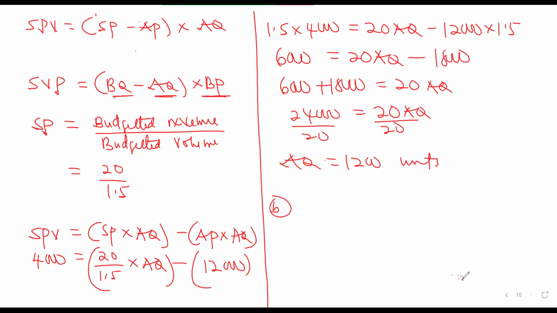We can use it under material price variance, where we have the standard price minus the actual price multiplied by the actual quantity purchased.